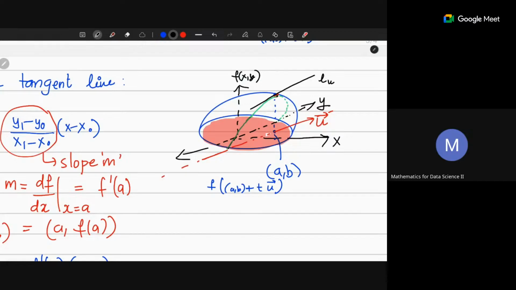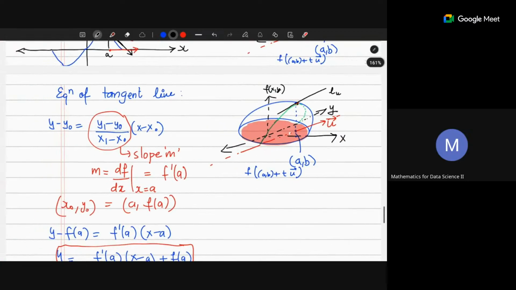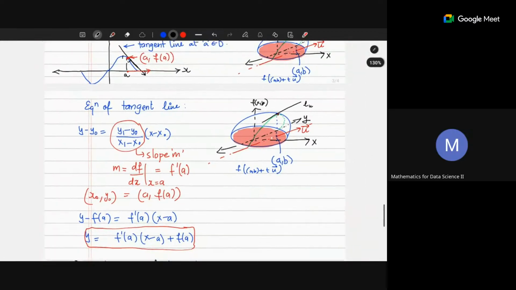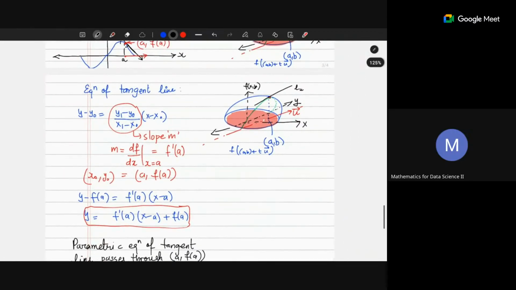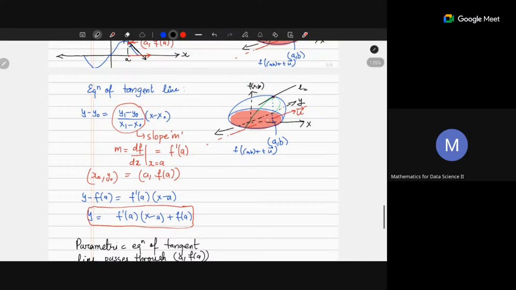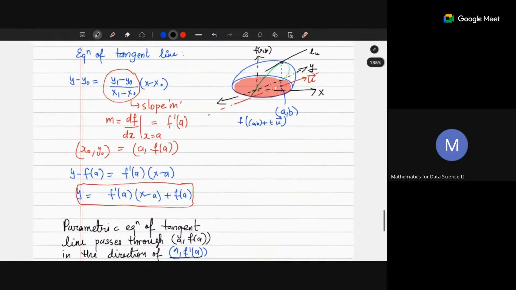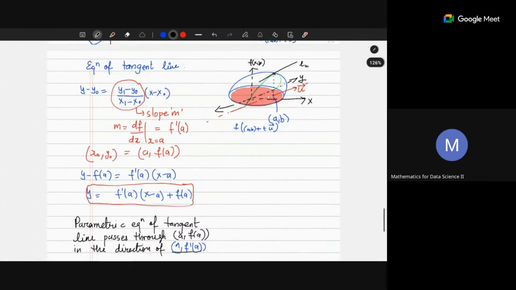All right. So now, what will be the equation in this case? Again, we need two things to find the equation of the tangent line. I'm talking about the parametric equation. One is the direction, and the other is the point that it passes through.